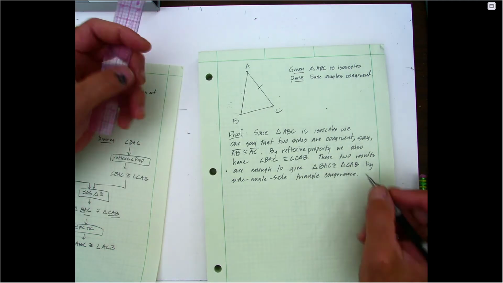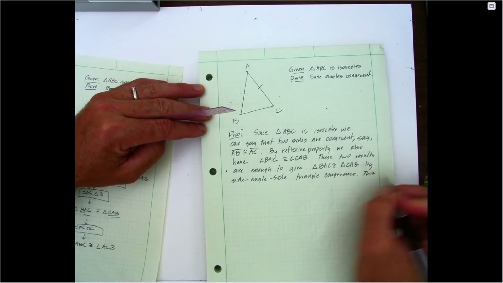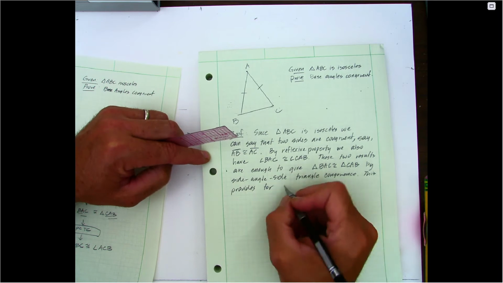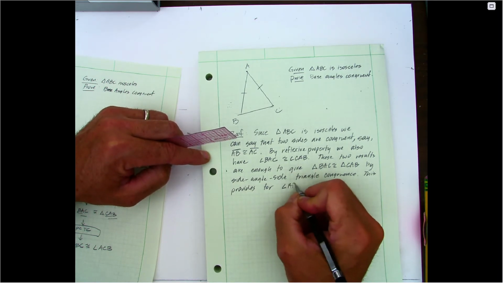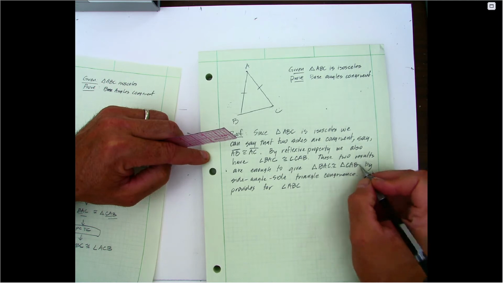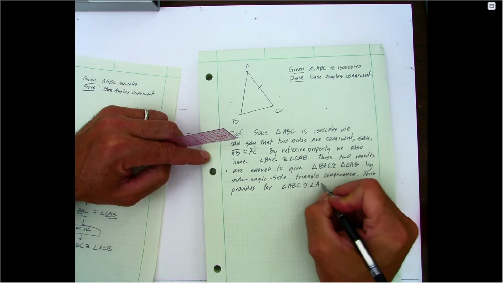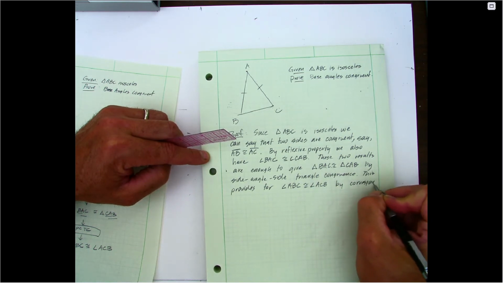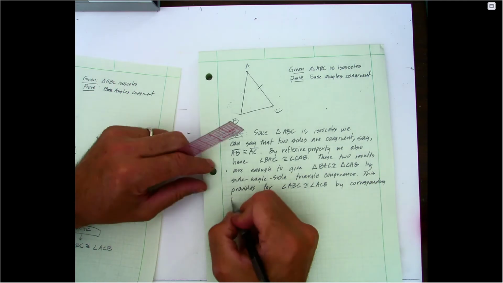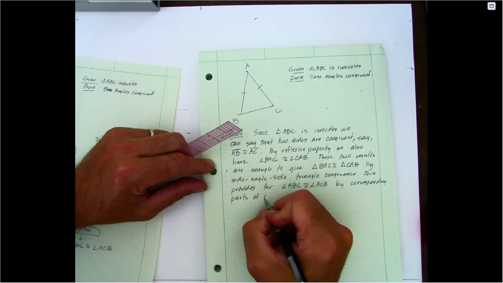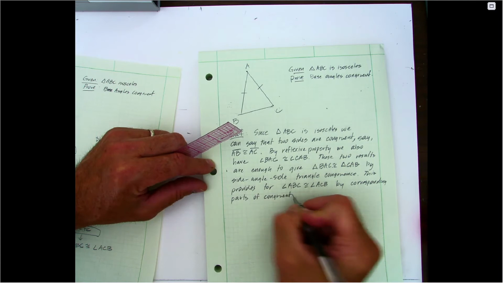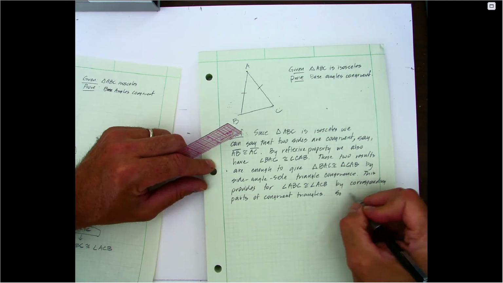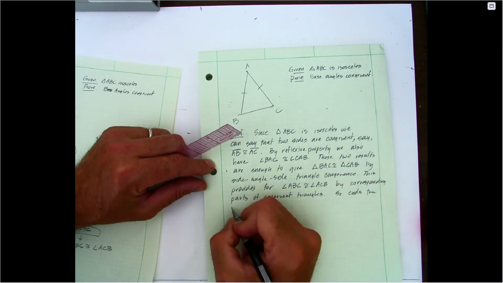And this provides for, let's see, angle ABC, ABC, ACB by corresponding parts of congruent triangles. So ends the proof.